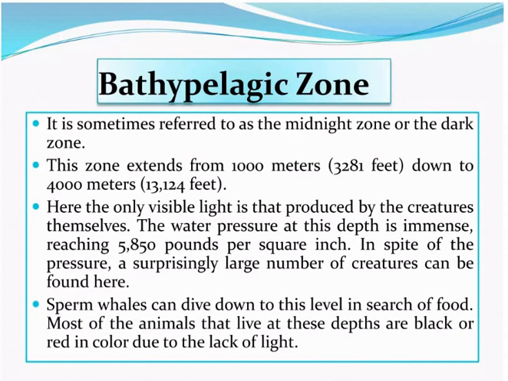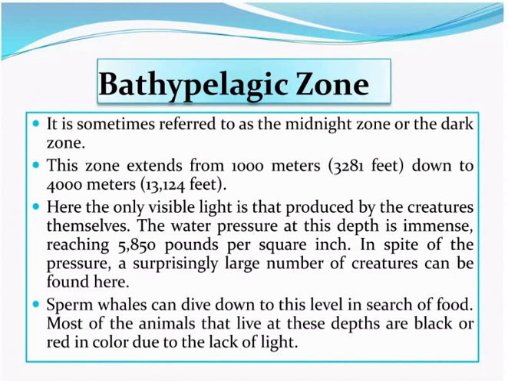Now, bathypelagic zone. It is sometimes referred to as the midnight zone or dark zone. This zone extends from 1000 meters down to 4000 meters. Here the only visible light is that produced by the creatures themselves. The water pressure at this depth is immense, reaching 5,850 pounds per square inch.